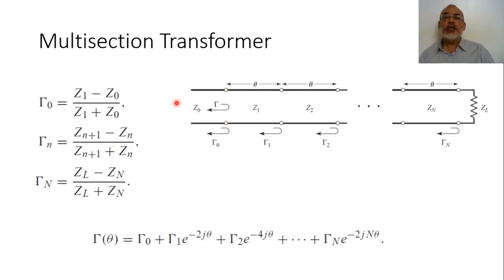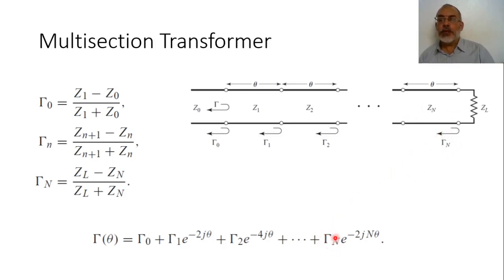We can say that the total reflection at the feeding transmission line section Z0 nearly equals gamma naught plus gamma 1 multiplied by e to the power minus j2 theta, plus gamma 2. Here we have two thetas, not one theta. So gamma 2 e to the power minus 4j theta, and so on until we reach the n section.